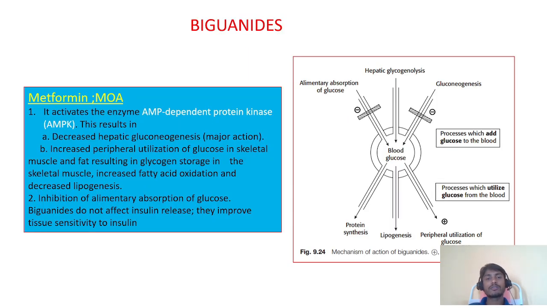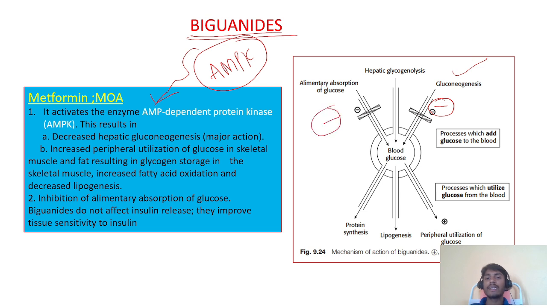Next comes the biguanides, phenformin and metformin. They bind to the AMP-dependent protein kinase receptor, simply called the AMPK receptor. By binding to this receptor, they inhibit gluconeogenesis and inhibit intestinal absorption of glucose, thereby reducing the glucose level in the blood.